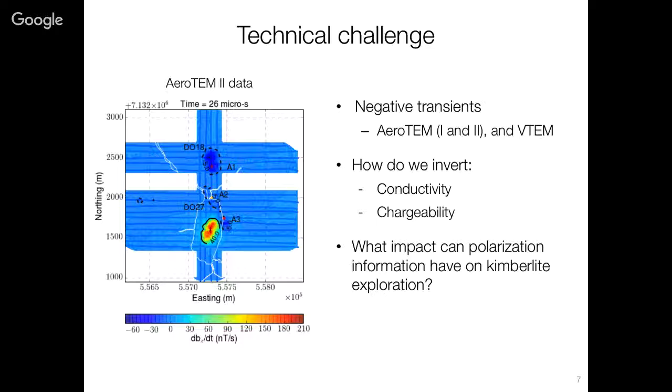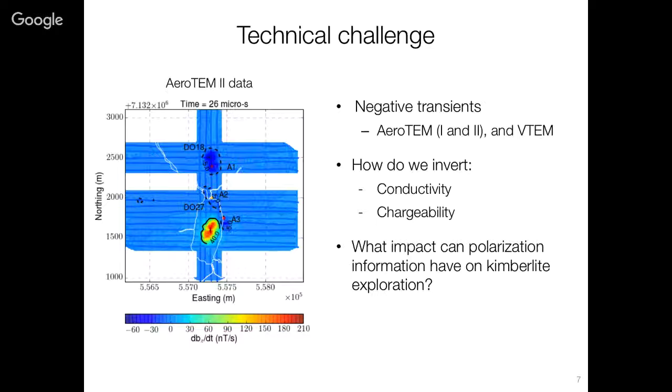So they went back, they made a new system, they reflew it, and now these negative values came out even stronger. So now they're pretty sure that they're there. And about this time, a very great geophysicist, Peter Weidelt from Germany, wrote a paper that showed that if there were any negative values in those transient data, they had to be from induced polarization.